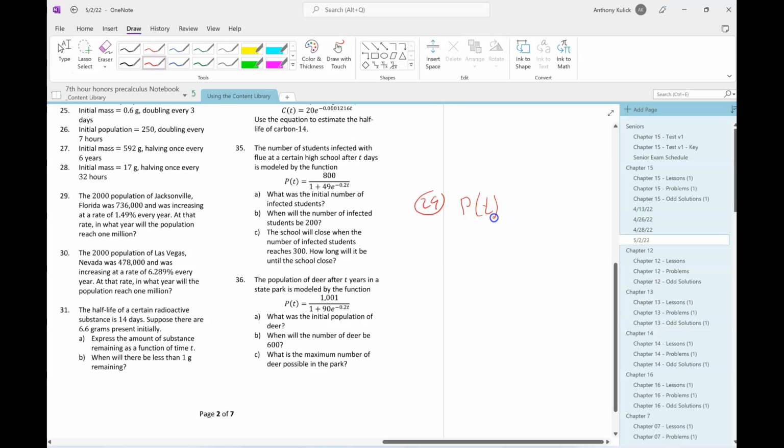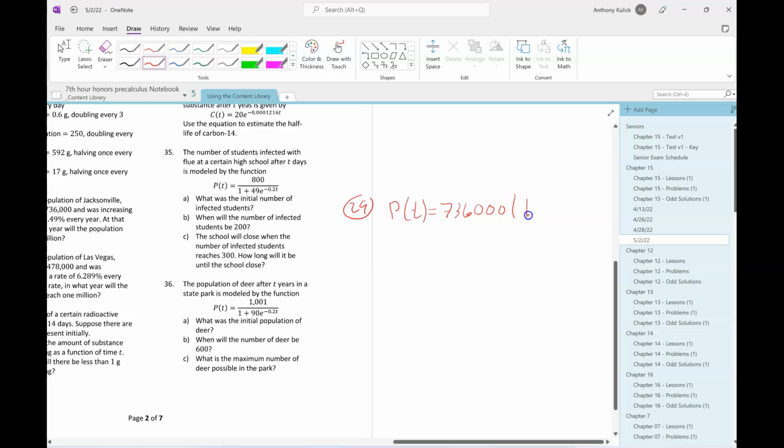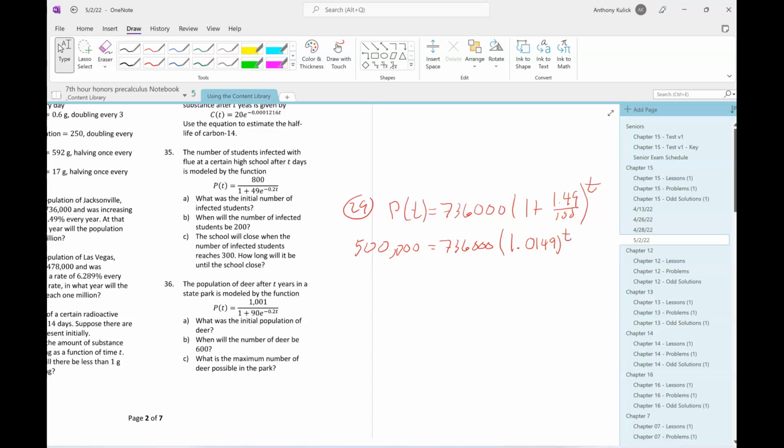So the model that I'd be using is that population model. So that's my model. And then I'm going to be solving this for t because it's asking in what year, like how long. So that's the equation I'll be solving.